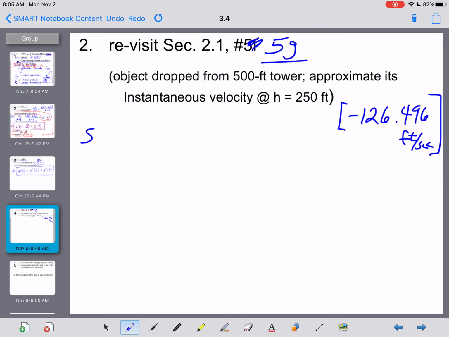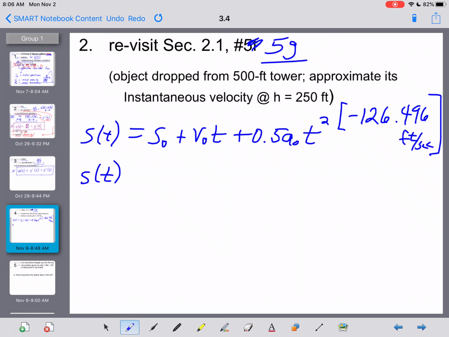This object's position function started off with the object's initial height. Actually, let me write this out. It was s of naught plus v naught t plus 0.5 a naught times t squared. Now, we didn't use this formula at the time, but you're going to find that what we did fits right in here.